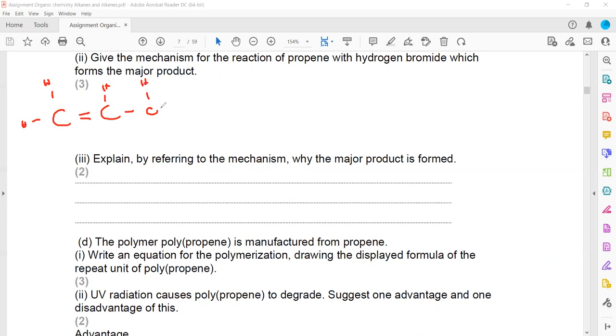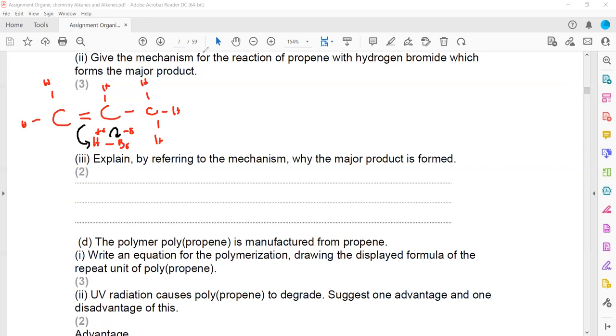Then it reacts with hydrogen bromide, HBr, so there will be a partial positive on hydrogen, which is less electronegative, and a partial negative on bromine. Both electrons shift toward bromine, heterolytic bond breaking, and one of the bonds of the carbon-carbon double bond will form with hydrogen.